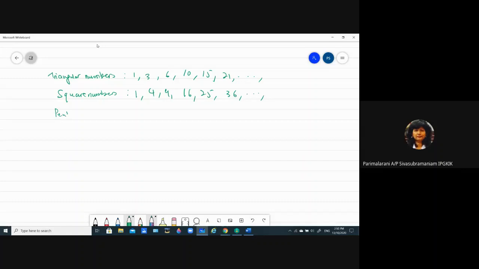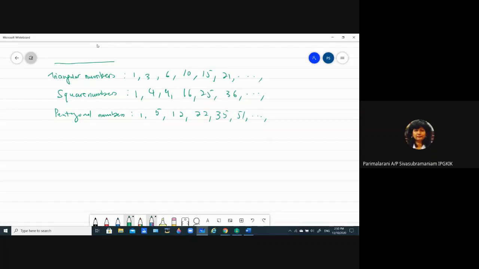Then we have our pentagonal numbers. Pentagonal numbers start with 1, 5, 12, 22, 35, 51, and so on. You notice that, what do you call these numbers?